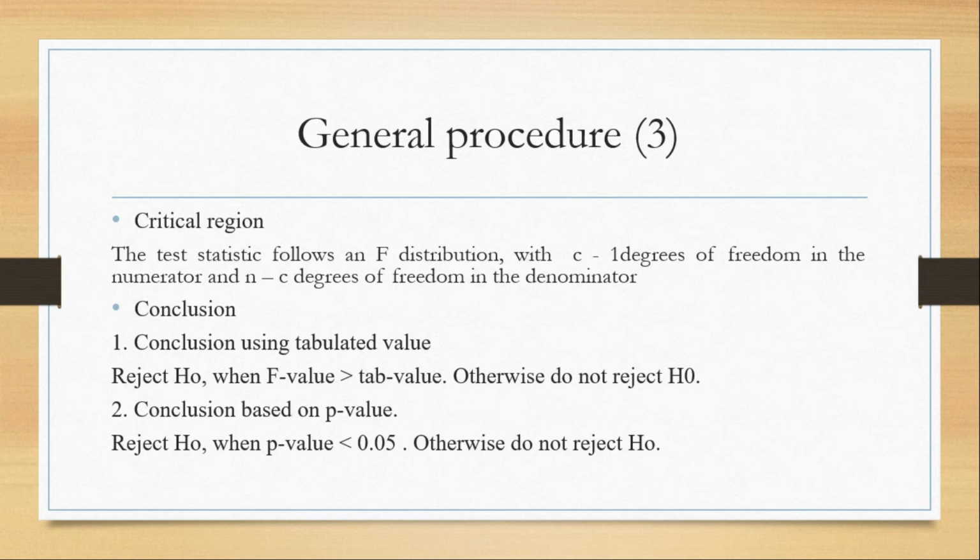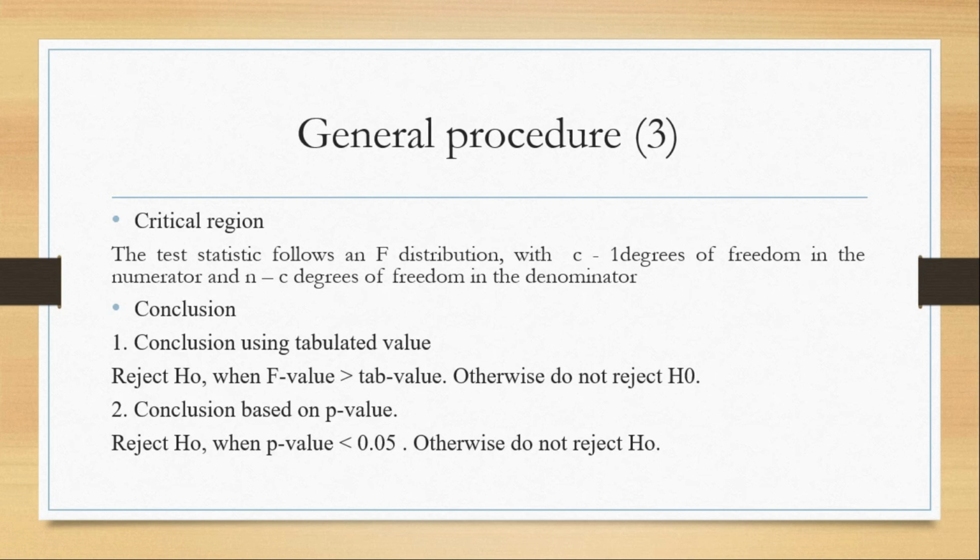The critical region of the F distribution is formed by c minus 1 degrees of freedom in the numerator and n minus c degrees of freedom in the denominator. These are also the degrees of freedom among the groups and within the groups.